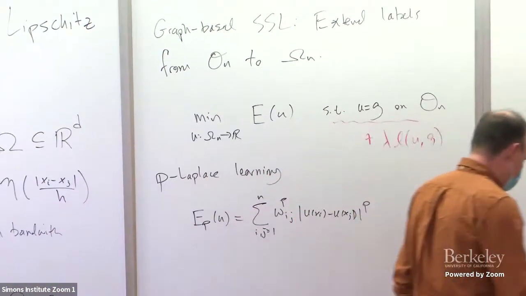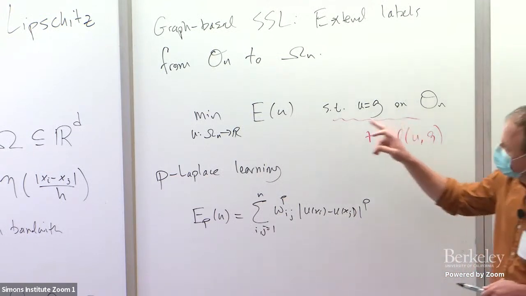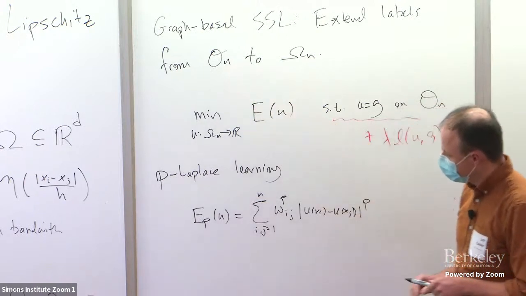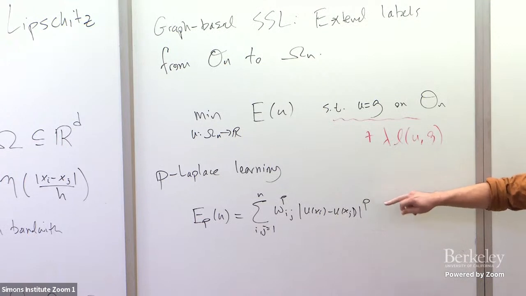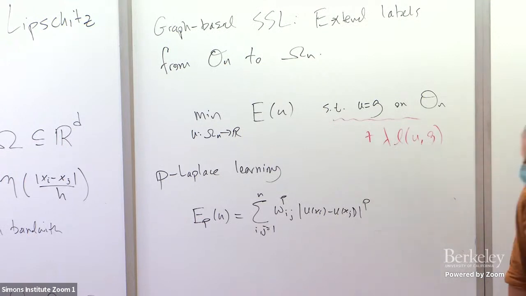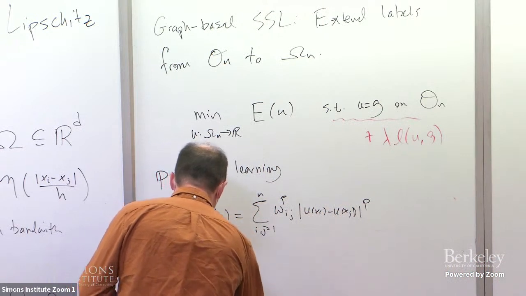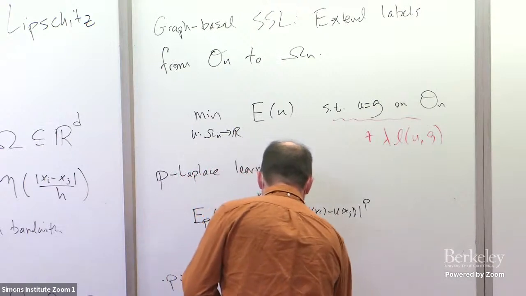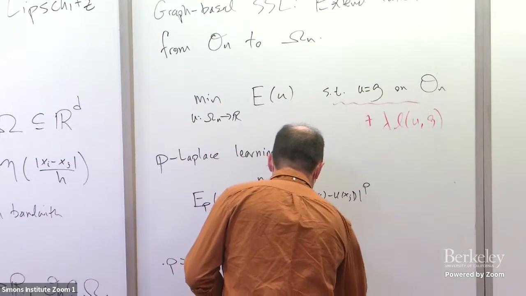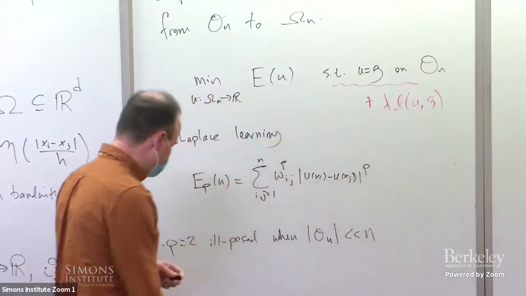And now there's been quite a bit of work on these kinds of models. When you have very few labeled examples, so the set script on is very small, the common case of taking p equal to 2 is quite ill-posed, meaning that p equal to 2 is ill-posed when the size of the constraint set is very small.